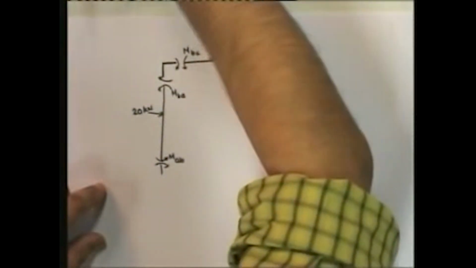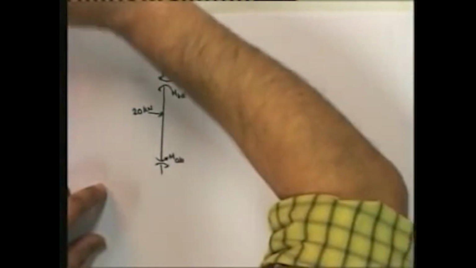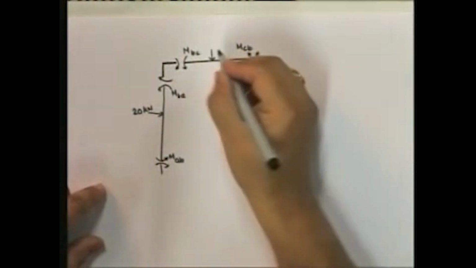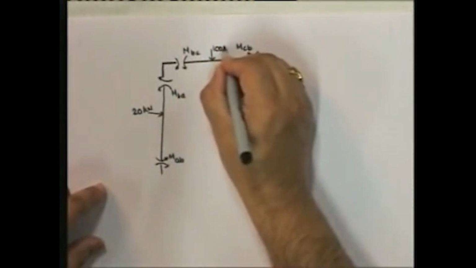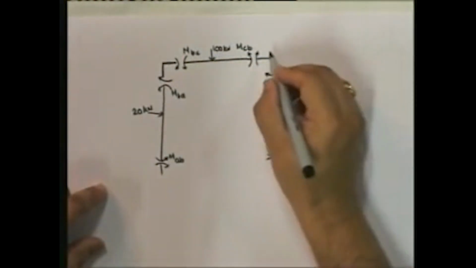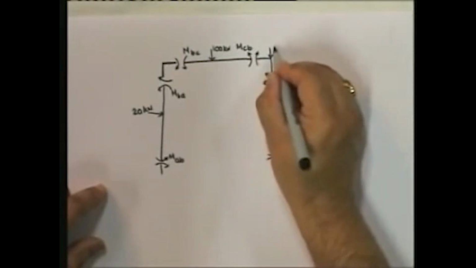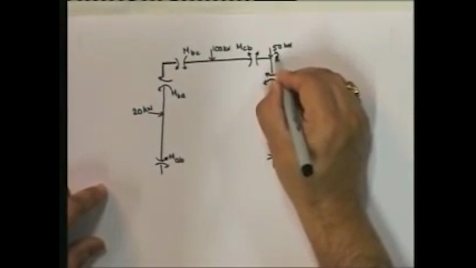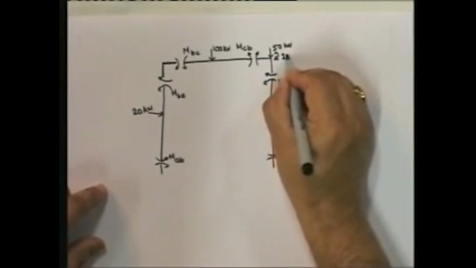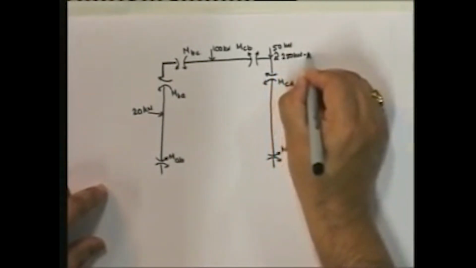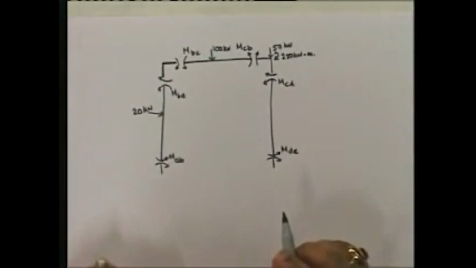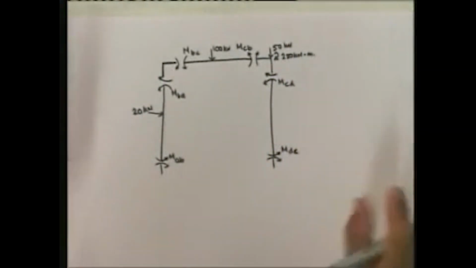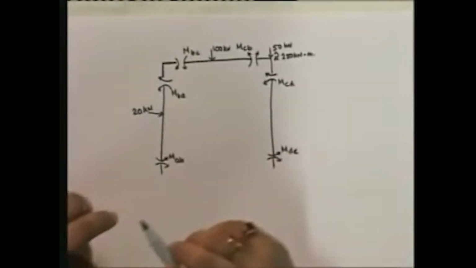Let me just look back at the problem itself. I have 20, then I have 100. Now in addition to that, I have 50 and 250 kilonewton meter here. Anything else? No, that's it. Okay, these are all the loads.